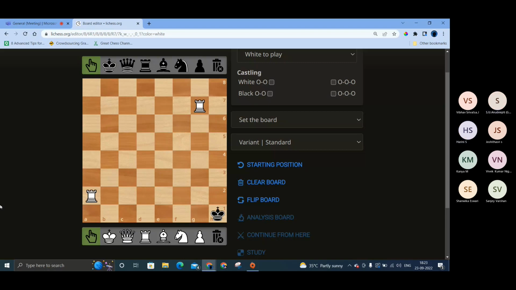No, ma'am. So only one step it can move, right? So it cannot go to H3. King move G1. Now check G1. It cannot move anywhere. That is the answer.